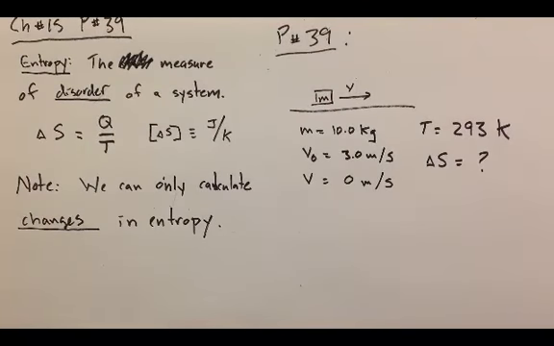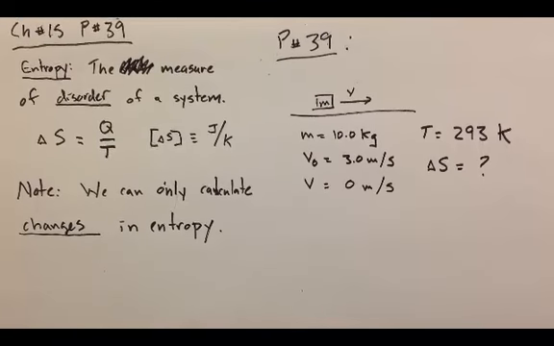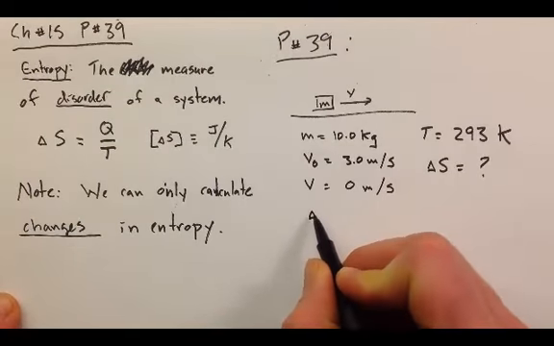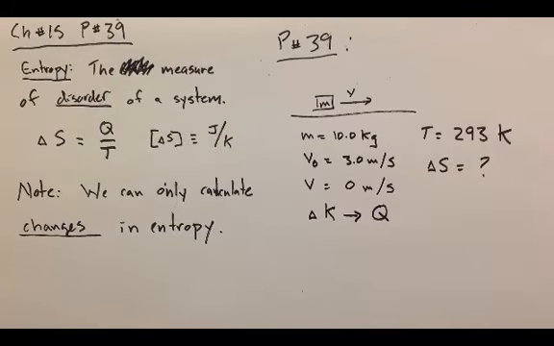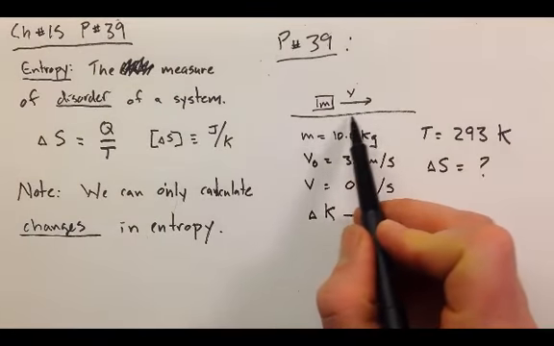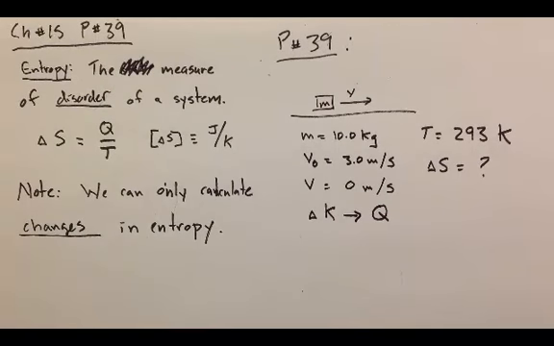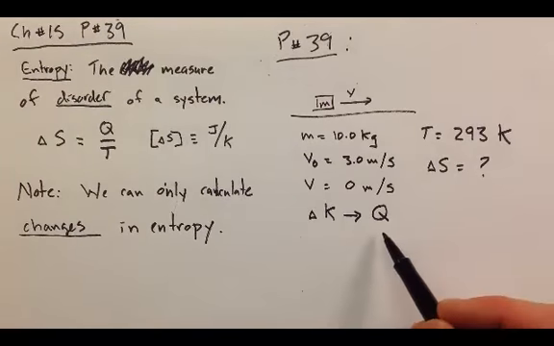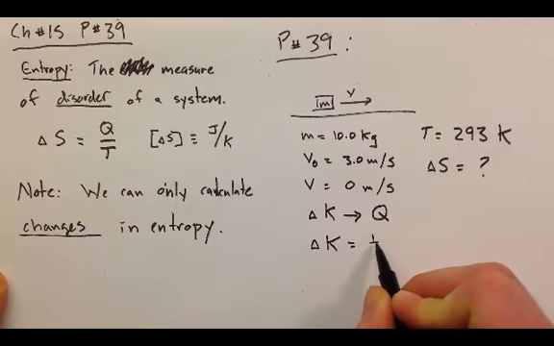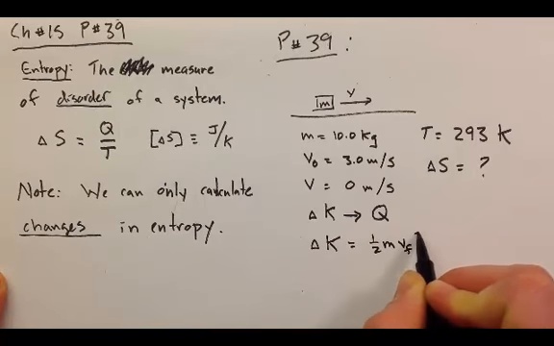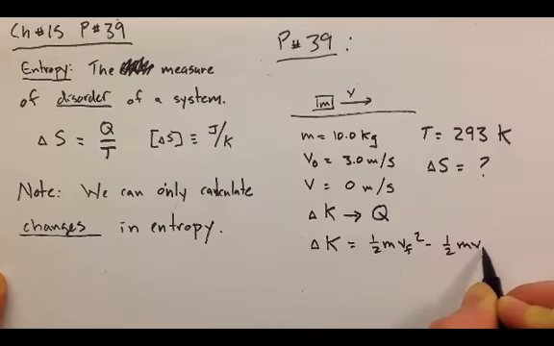Whenever you're talking about entropy, you've got to be talking about some type of heat transfer. In this problem, as the box loses kinetic energy, that kinetic energy is transformed into heat. For instance, if we measured the temperature of the two surfaces after it slowed to a stop, that temperature might be just slightly larger. To calculate the heat transfer, I'm going to find the change in kinetic energy: 1 half m v sub f squared minus 1 half m v sub i squared.